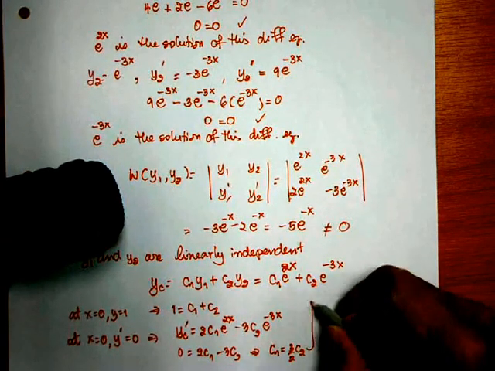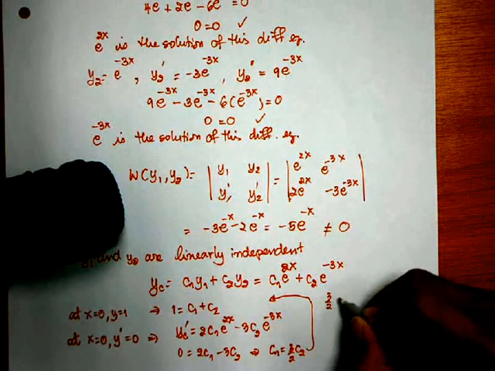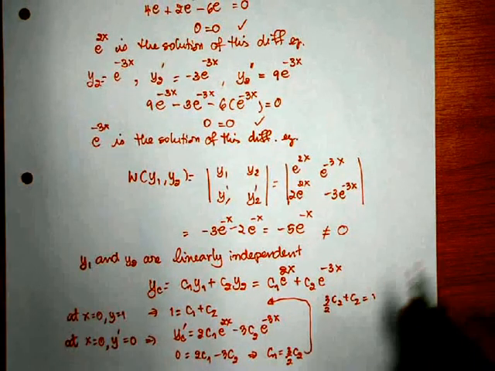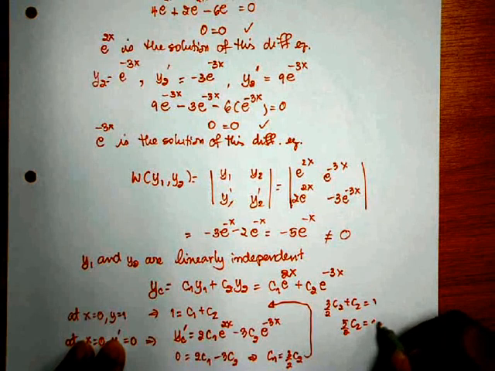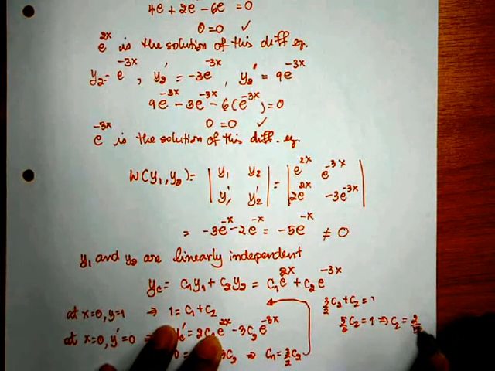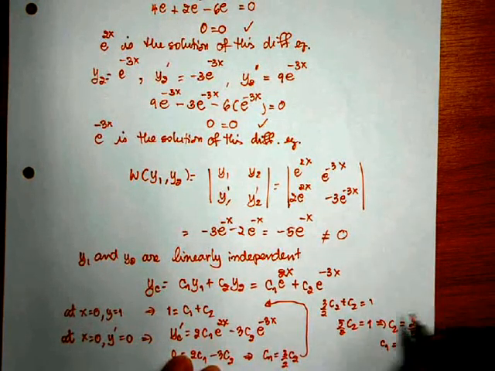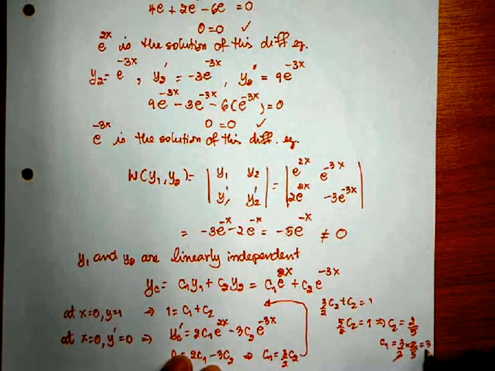And then I just put c1 back in here. I would get 3 over 2 c2 plus c2 equal to 1. 5 over 2 c2 equal to 1. So c2 equal to 2 over 5, and c1 is equal to 3 over 5.